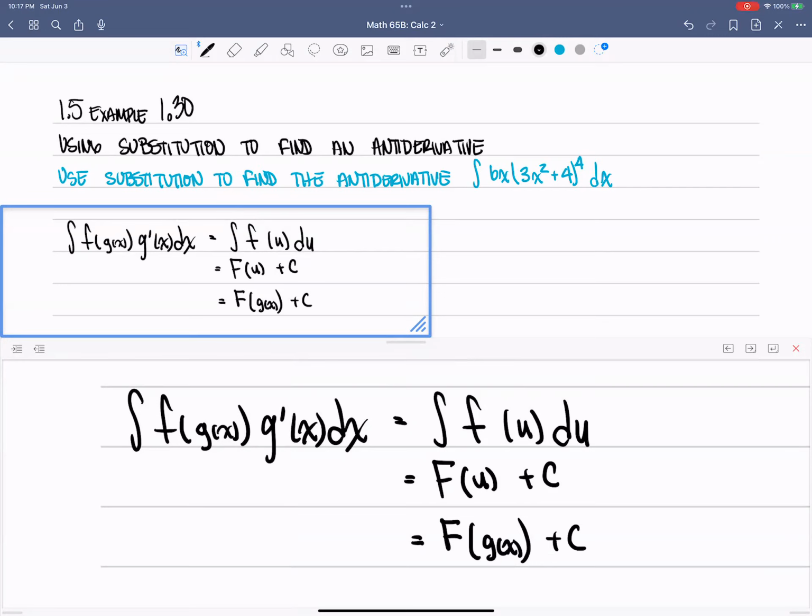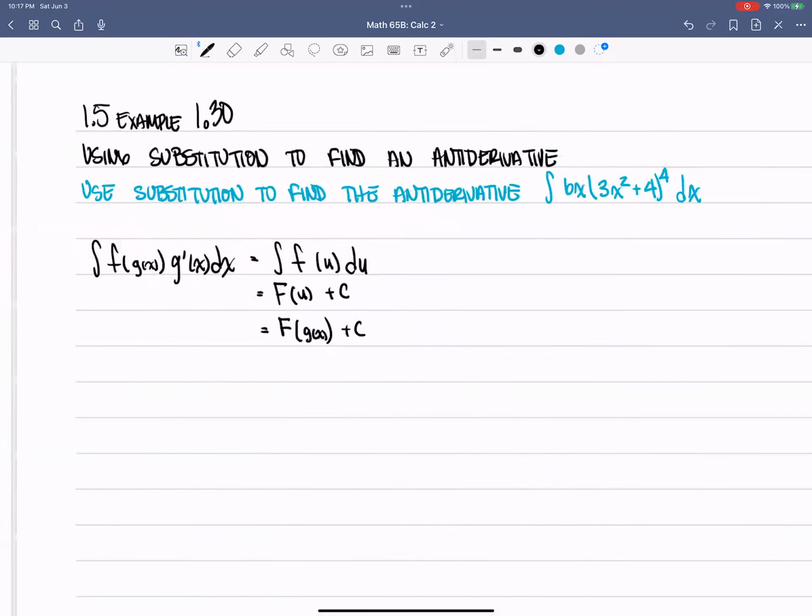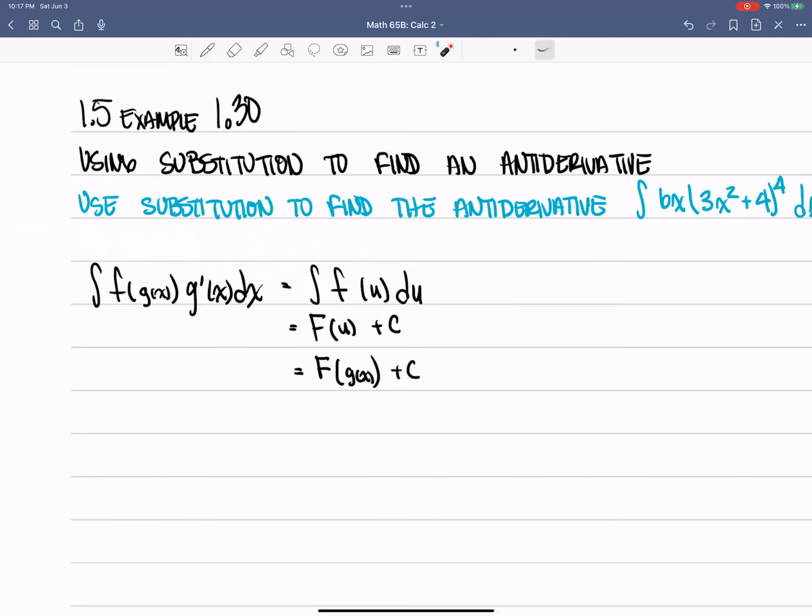So again, what we have is like a composite function, one function inside of another. We take the derivative of that. As long as we have the derivative outside of that, we're able to integrate that. So we're able to do a substitution, something that we could integrate, f of u du.